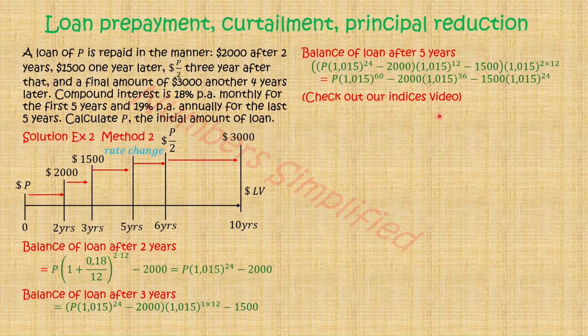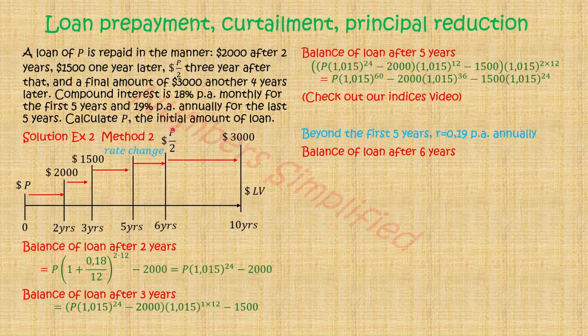Right, so beyond the 5 years, we have the interest rate being 0.19 as a decimal per annum and compounded annually. So if that is the case, then in the 6th year, to be precise, a payment was made of P over 2.